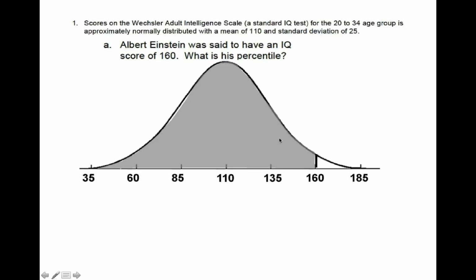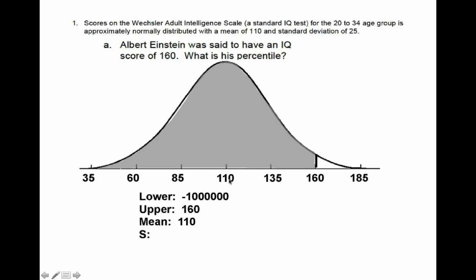Since you are trying to find the percent, that means we're going to do normal CDF. Normal CDF does not ask for area. Instead, it asks for the lower, upper, mean, and standard deviation. So the lowest number shaded is negative a billion. The highest number shaded is 160.